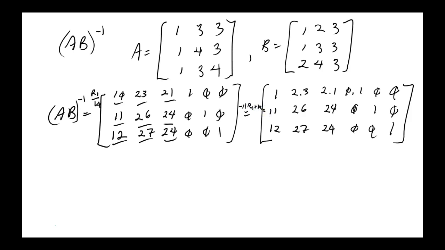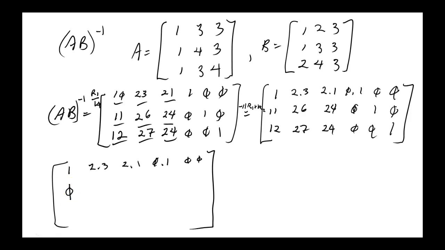Right? Okay, let me. All right. So I'm going to leave row 1 alone: 1, 2.3, 2.1, 0.1, 0, and 0. That's going to be problematic later, I'm afraid. So minus 11 times row 1 plus row 2. I know what the first one is: 0. Good. The next one gets to be a problem.